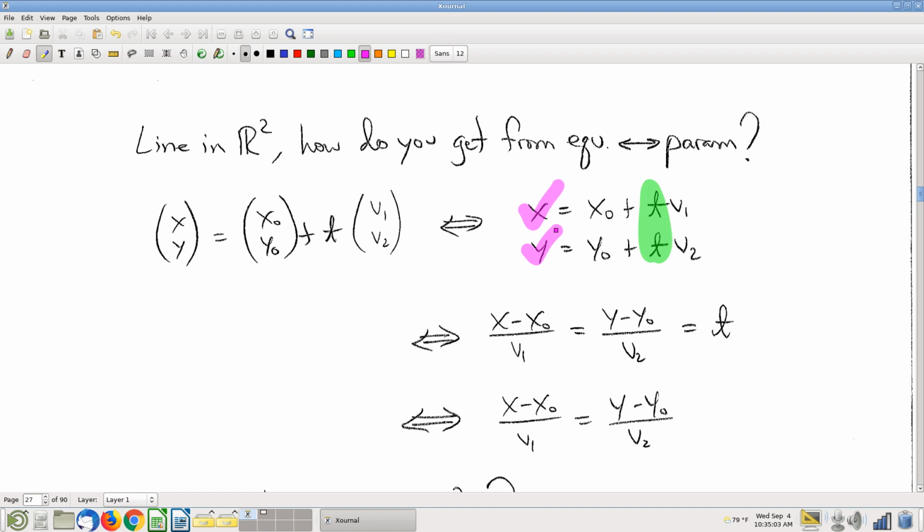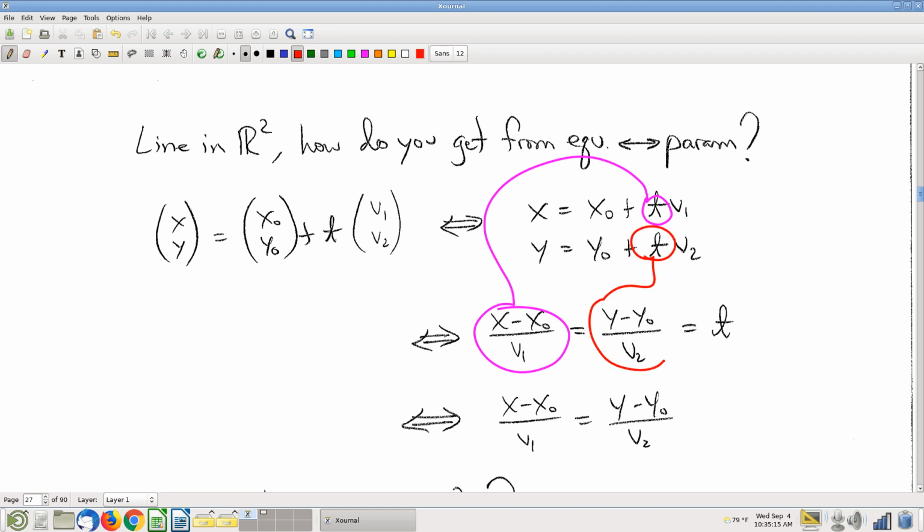Well, if a single value of t is going to do that, it means that this t and this t have to be the same. If there's a single value of t that generates the correct x and the correct y, then that x and that y have to require the same value of t.